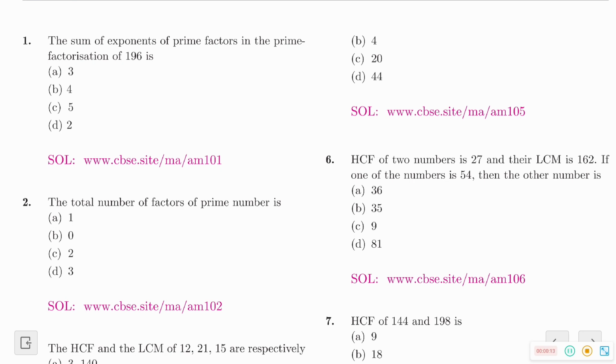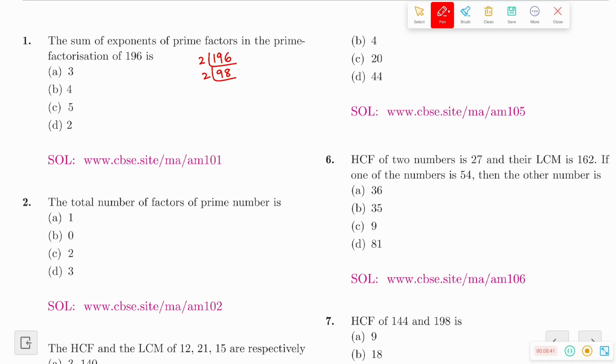Here, first question: the sum of exponents of prime factors in the prime factorization of 196 is. So what you have to do is find the prime factorization of 196 first. You can take 2 table: 2 9s are 18, 2 8s are 16.